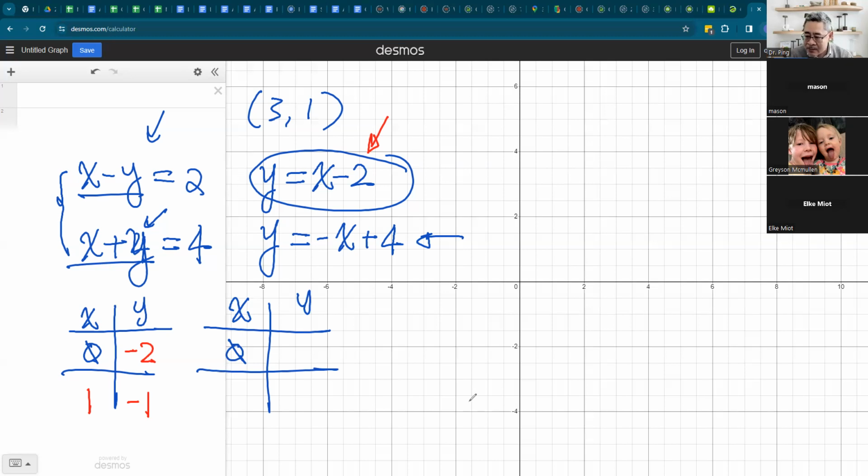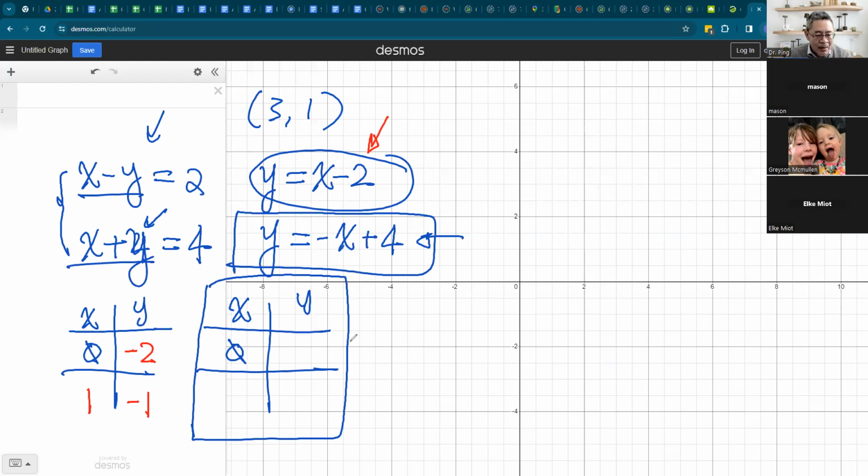Roger, what's your answer? Well, we are trying to find, if we know x, what's our y for our second function or second equation. Good. So if x is 0, what is our y? We'll plug that in here. If x is 0, then negative x is 0. 0 plus 4 is 4. We got that.